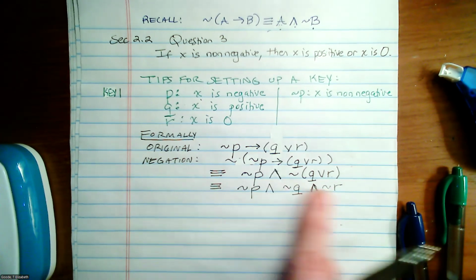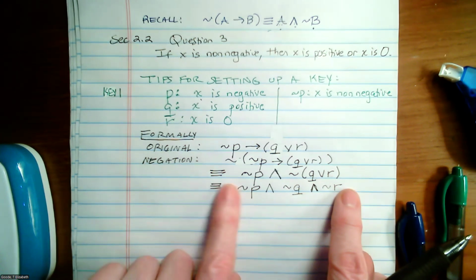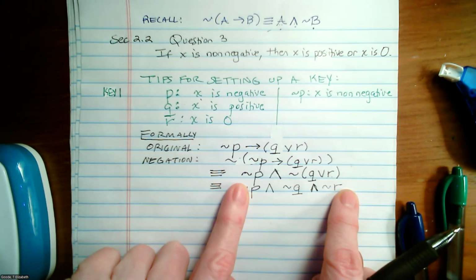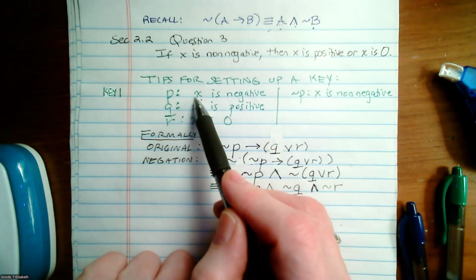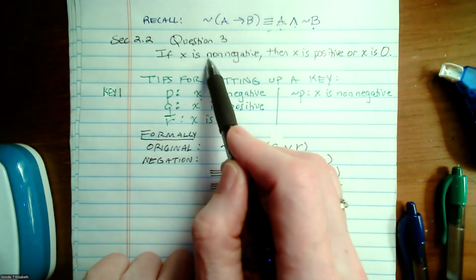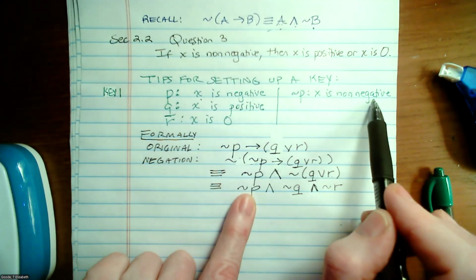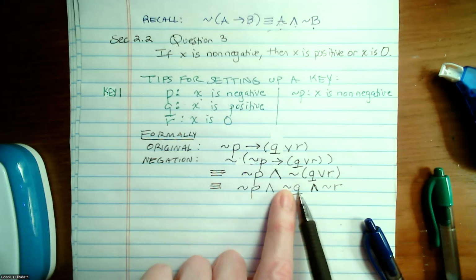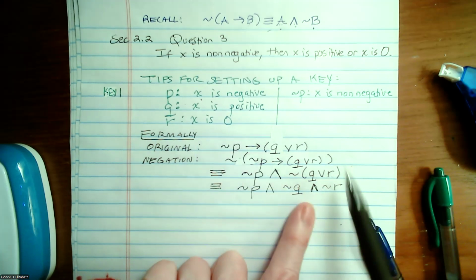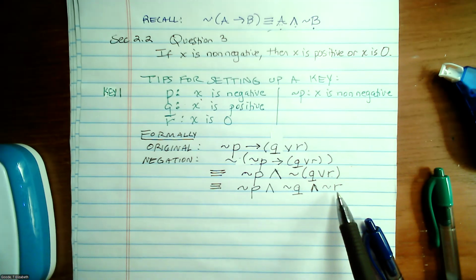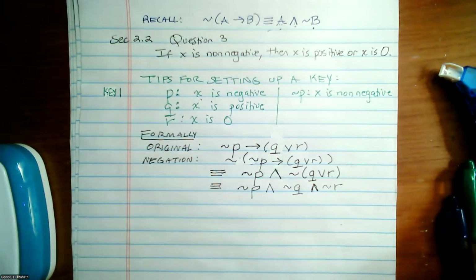I see. And so now you can think, oh, it's pretty easy to see what this statement is going to be, because we're using P as X is negative, and then not P is that X is non-negative. So this is X is non-negative and X is not positive and X is not 0. I see. And that's clearly false.